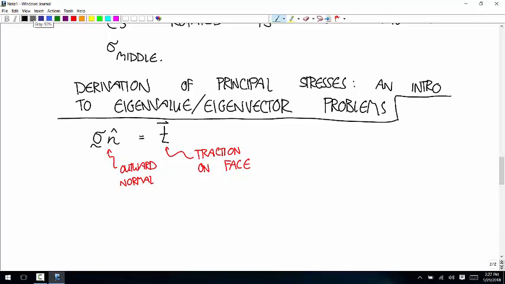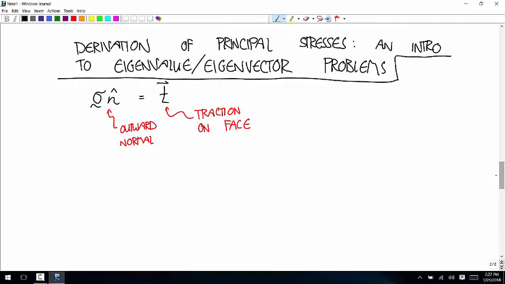And so if we're trying to find a stress tensor where there aren't any shear stresses, what we're trying to do really is find three orthogonal faces where that traction vector only has a component perpendicular to the face.